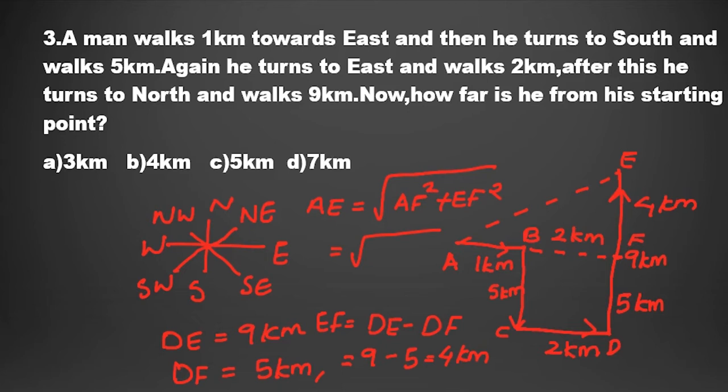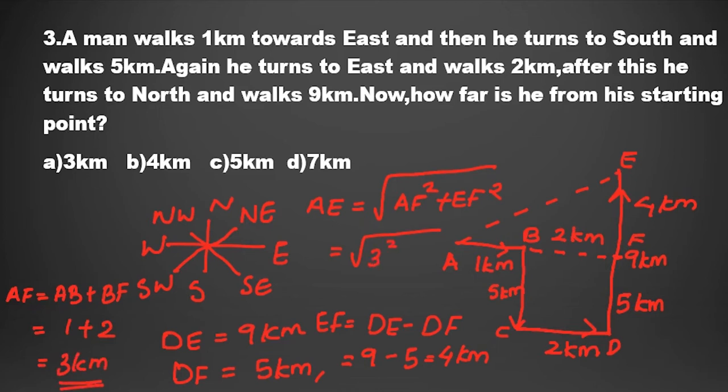AF is equal to AB plus BF. AB is 1 kilometer plus BF 2 kilometer is equal to 3 kilometer.